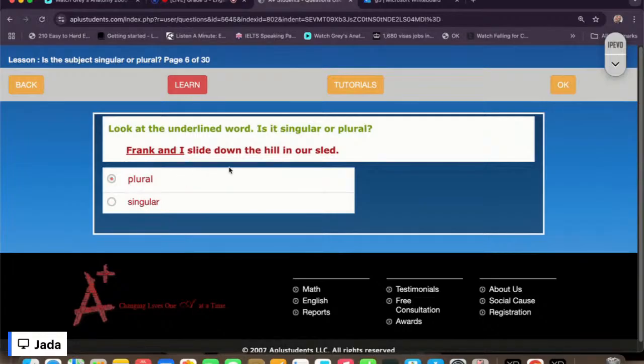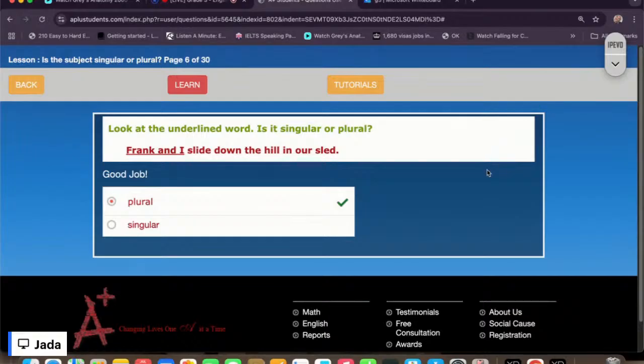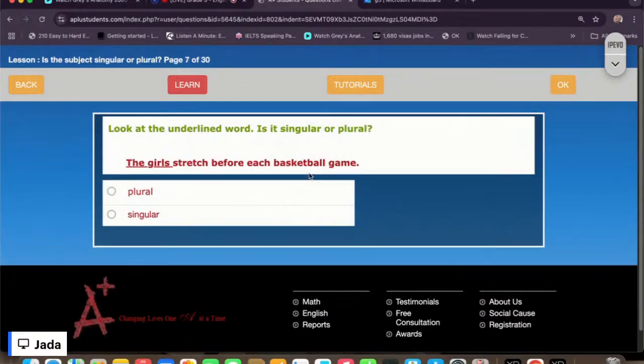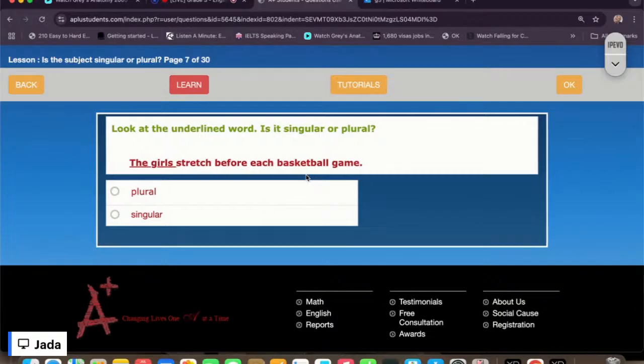All right, so we have plural. Okay. "The girls stretched before each basketball game." Plural or singular?